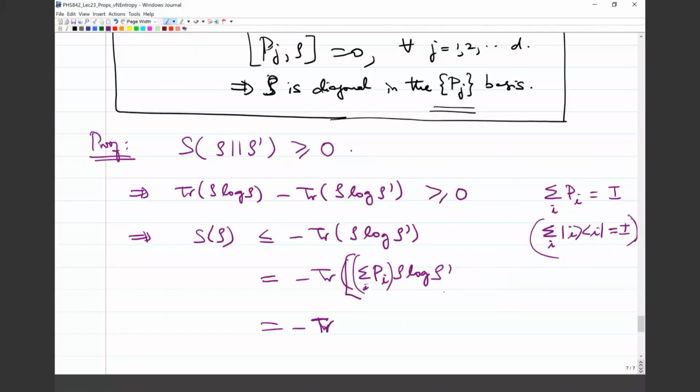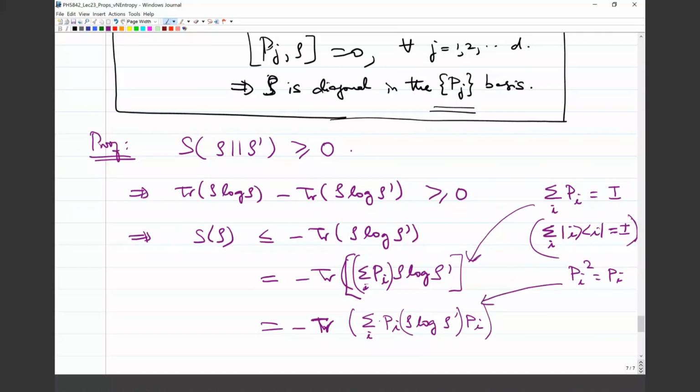So let me instead use the fact that Pi squared is equal to Pi. So this is what I have used here. In the next step, I'm going to use the fact that Pi squared is the same as Pi. So this sum over i Pi, I'm going to make it into sum over i Pi squared.